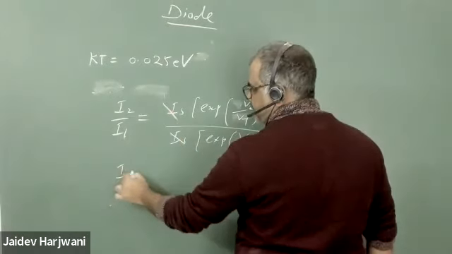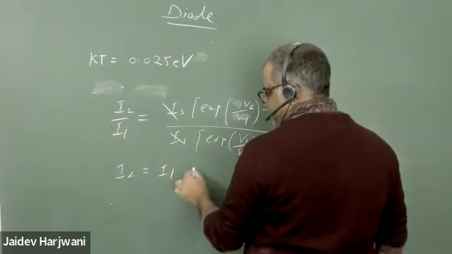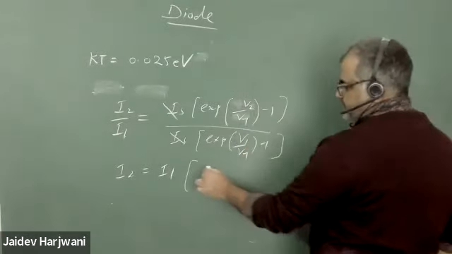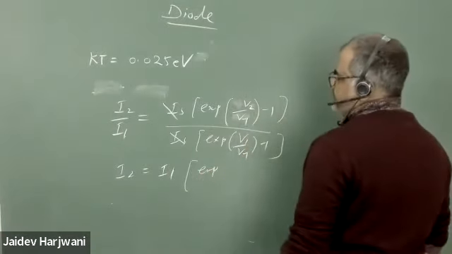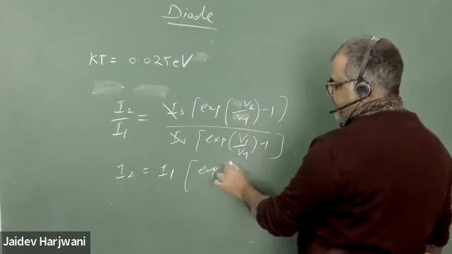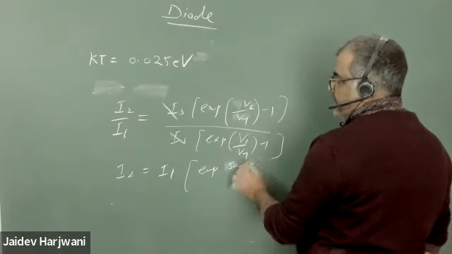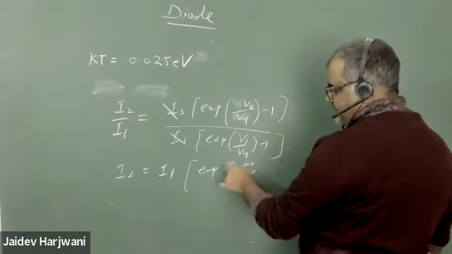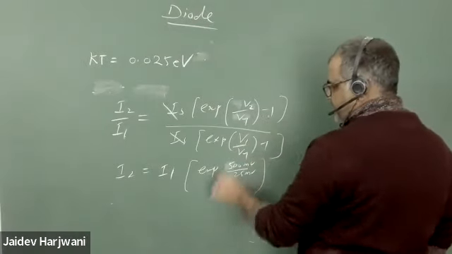So you want I2. I2 will be I1 into exponential of V2, and V2 is 0.5, that means 500 millivolts, and this is your 25 millivolts. One we can neglect because this ratio is high, so I can neglect this one.